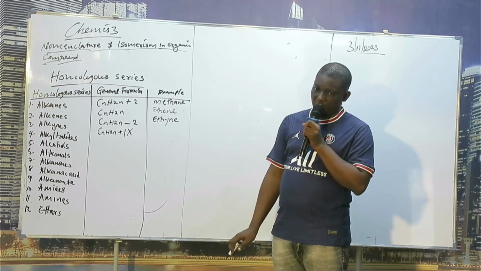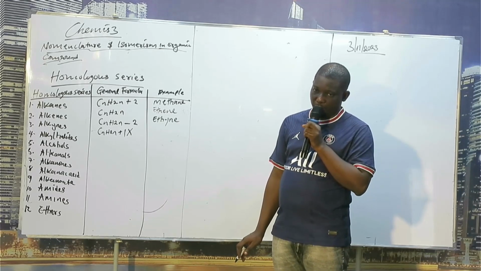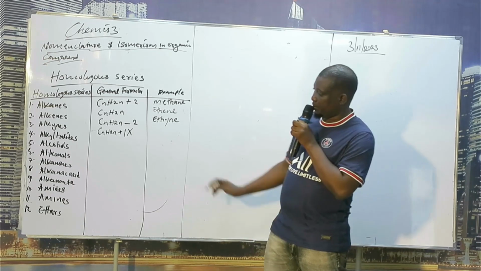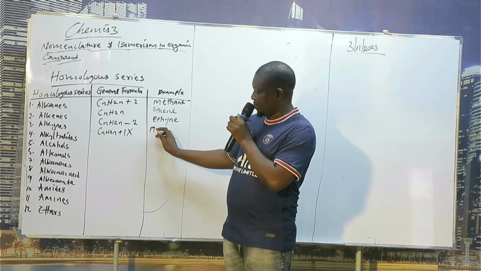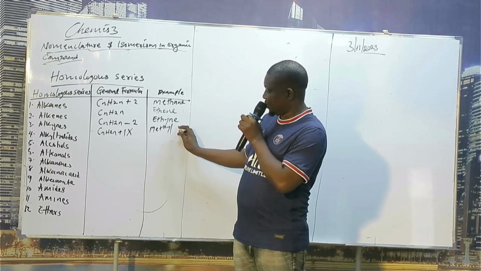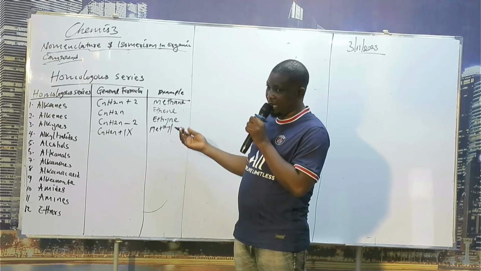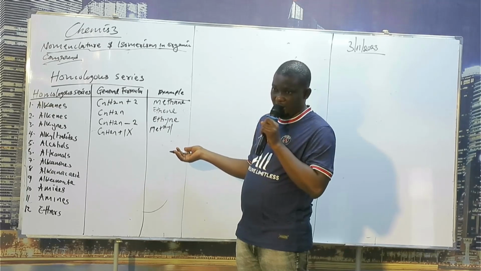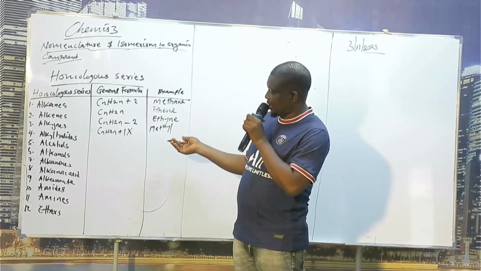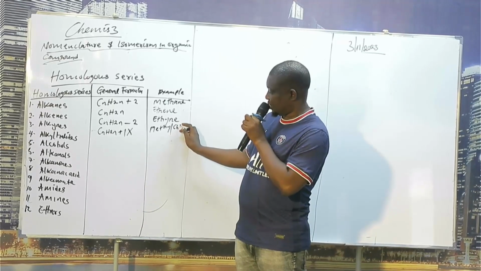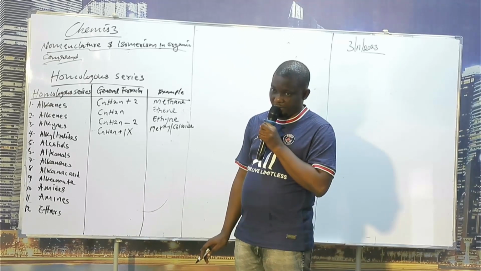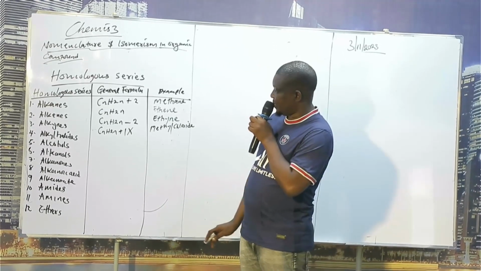That X can be chlorine, fluorine, bromine, or iodine. The simplest member of the family is methyl halide. Let me choose chlorine. So that will be methyl chloride. Are you there? Methyl chloride.